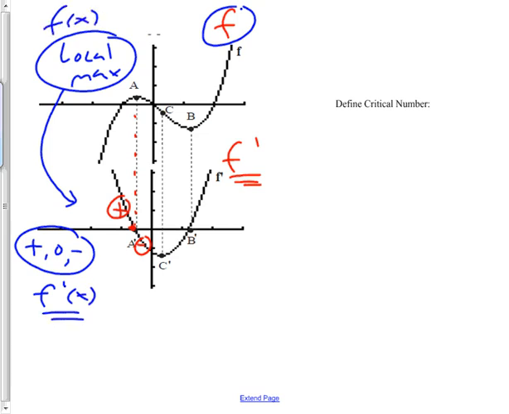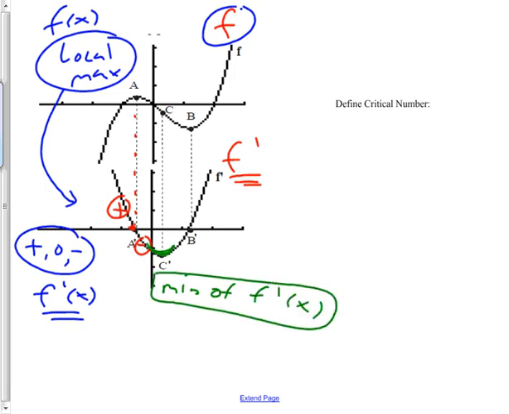What else? Well, here at C, I have a local min of my derivative function. What does that correspond to on my function itself? Well, that corresponds to a point of inflection. So here we have point of inflection.